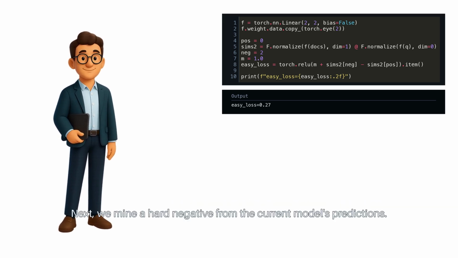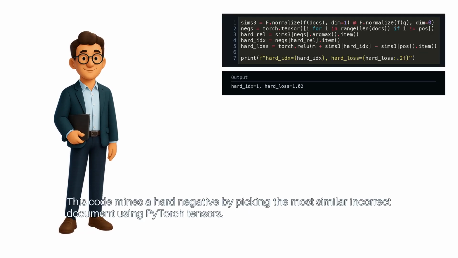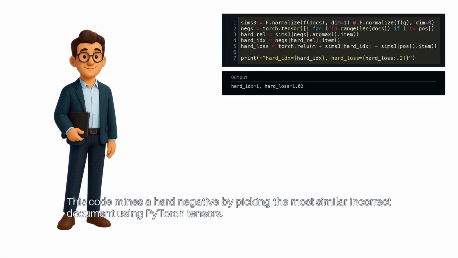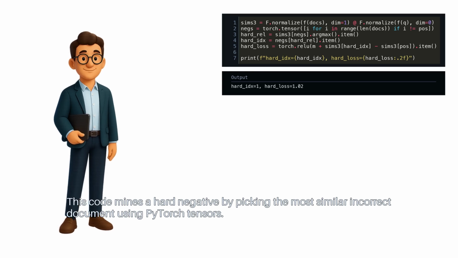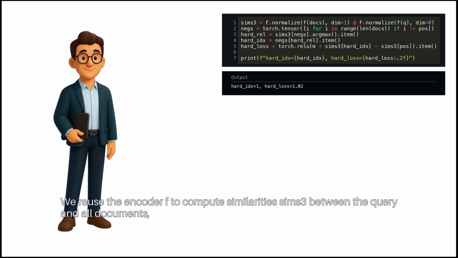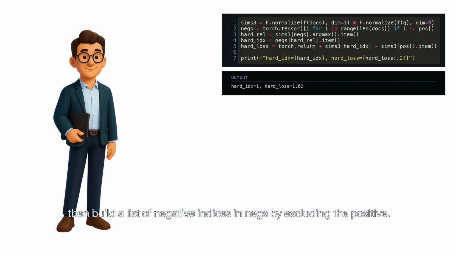Next, we mine a hard negative from the current model's predictions. This code mines a hard negative by picking the most similar incorrect document using PyTorch tensors. We reuse the encoder F to compute similarities sims3 between the query and all documents.